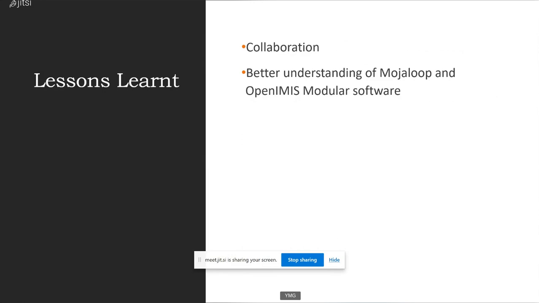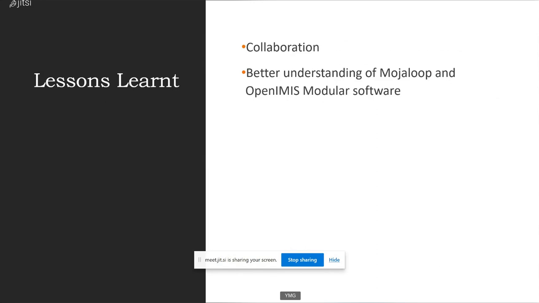Working on this also gave us a better understanding of MojaLoop, because initially we had a basic idea of what MojaLoop was, but our understanding was limited. Having the MojaLoop team come on board gave us a much wider perspective on the extent to which MojaLoop is able to do certain things.